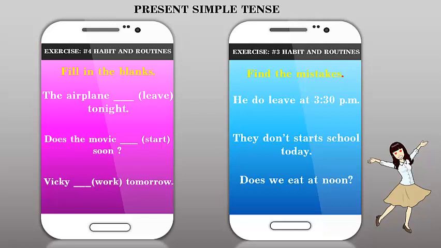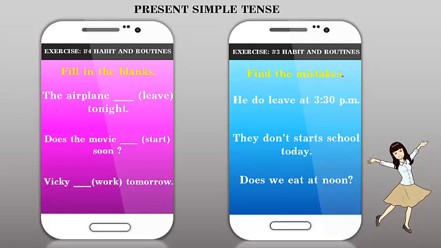Finally, we'll take a look at how the present simple tense can be used to describe future events. Take a look at the first sentence. It says, the airplane blank tonight. And we are looking at the verb leave. What's the subject of the sentence? The correct answer is airplane.